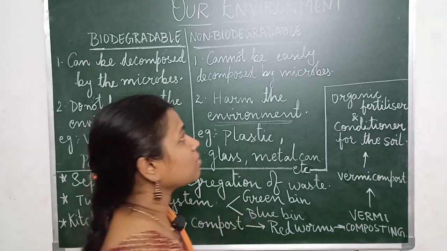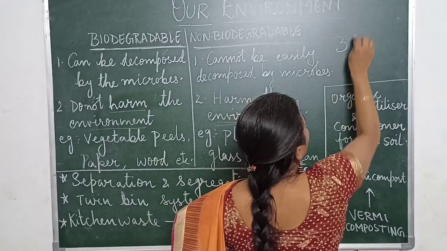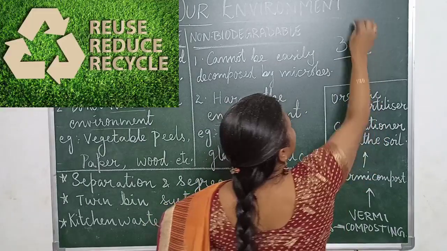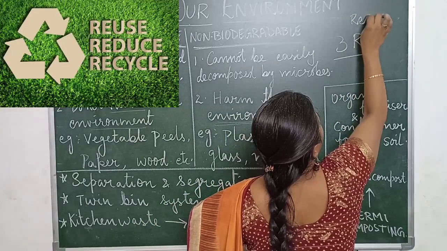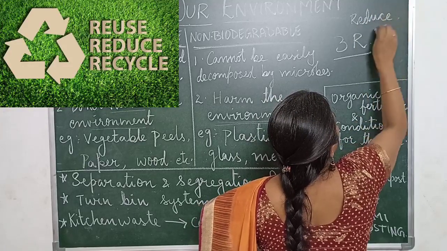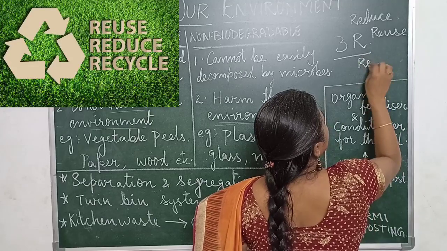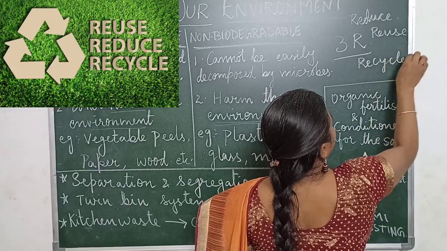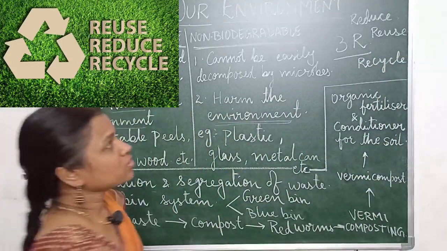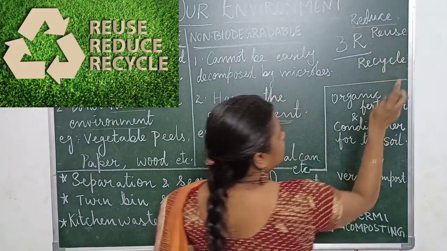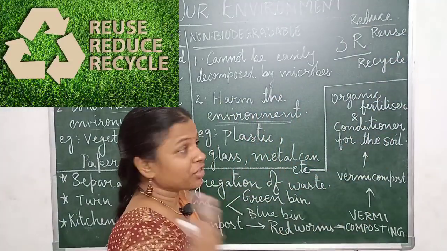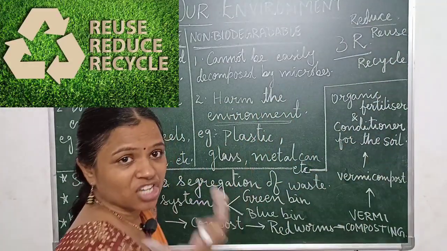Yes, so here come the 3 R's. First it is reduce, reuse or recycle. So reduce the use of plastic. If possible, you can reuse. For example, many glass jars will be there.